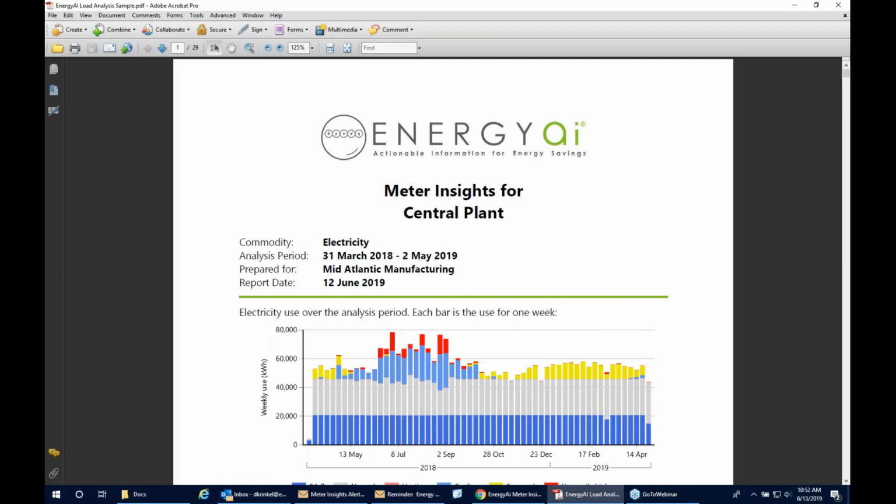But if you can get the interval data for them, you can at least get some visibility. We have a client that has a municipal facilities department with over 2,000 facilities, and they keep a very close eye on the largest 100 of those, but they can't do the detail on all. So that's who we work with.